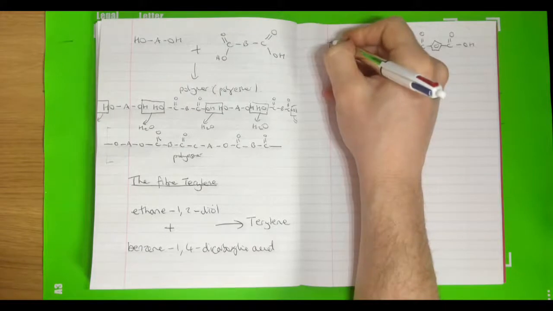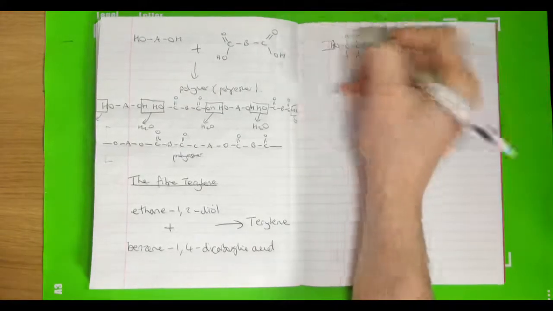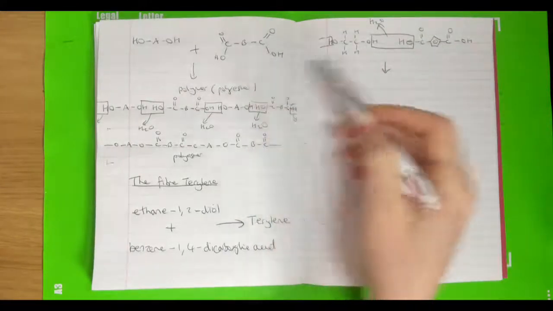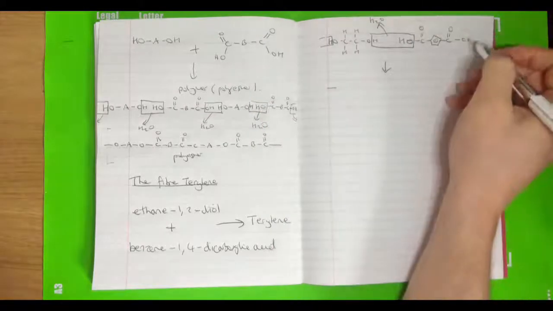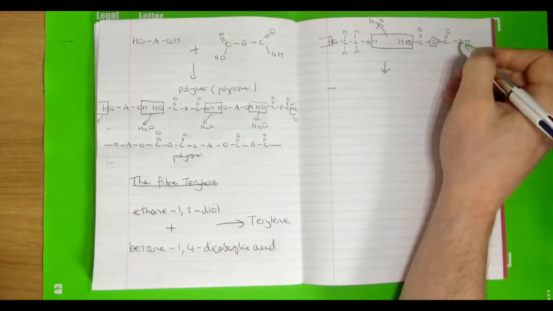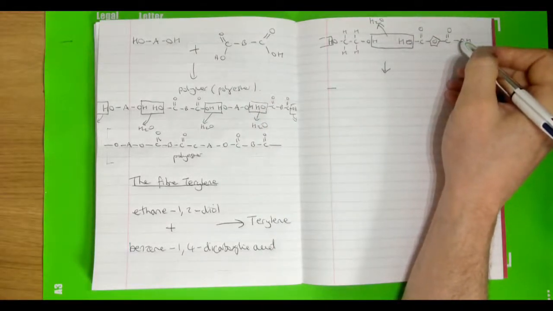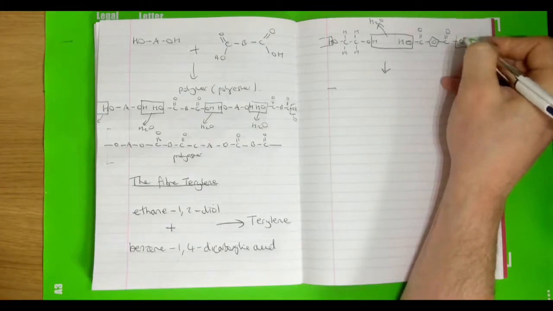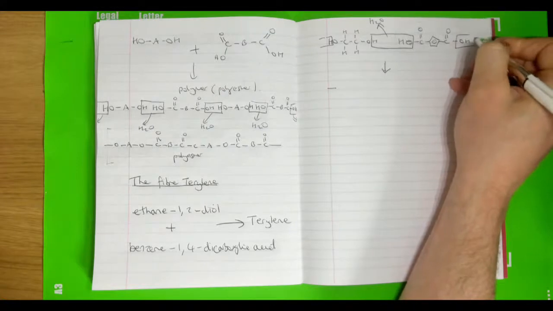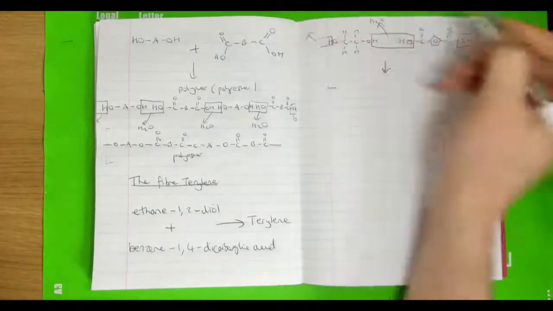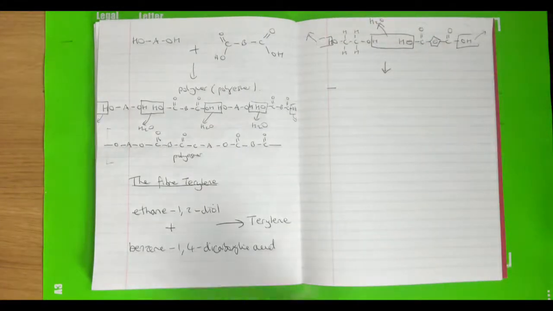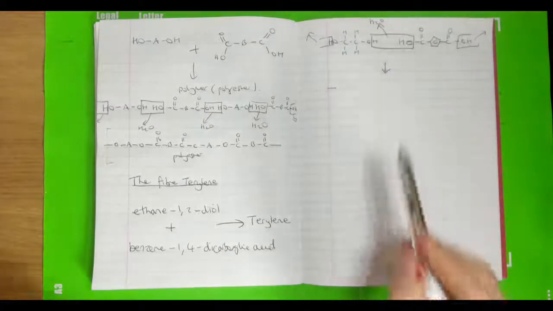And this bit of the OH would as well be connected to another monomer over here. And at this end as well, the CO bond would break and go off and make a molecule of water with the next monomer. But we're just going to link these 2 monomers together.